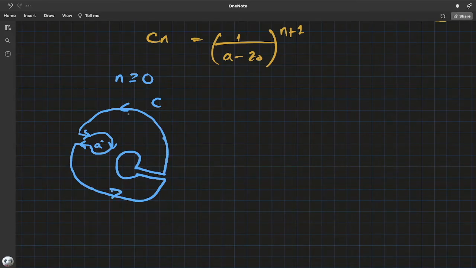We are again obeying this anti-clockwise direction even when we're going inside, taking a detour inside. And then of course we have the b circle outside, just sitting there, not doing anything to our contour.